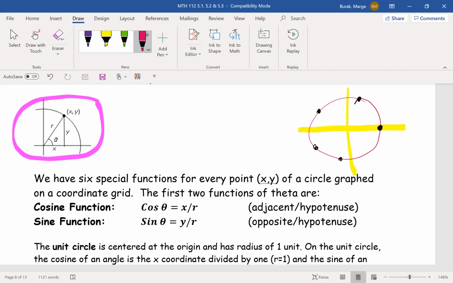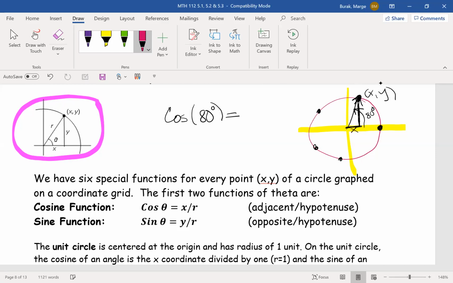Now, a function is where you have an input and an output. So suppose I input 80 degrees, then the cosine of 80 degrees is the output, and that is the x coordinate right there to get to this point right here.